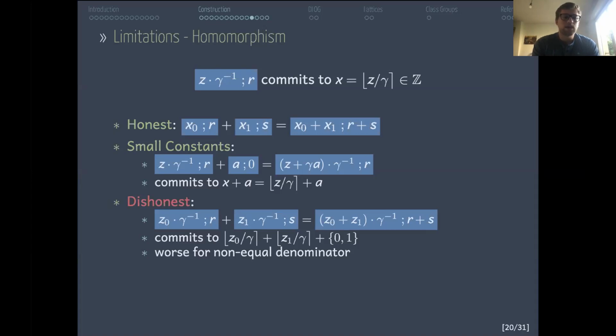So in the dishonest setting, we don't retain exact homomorphy.